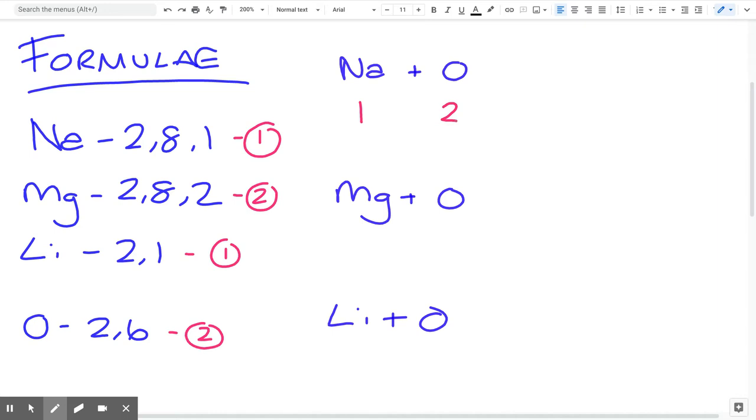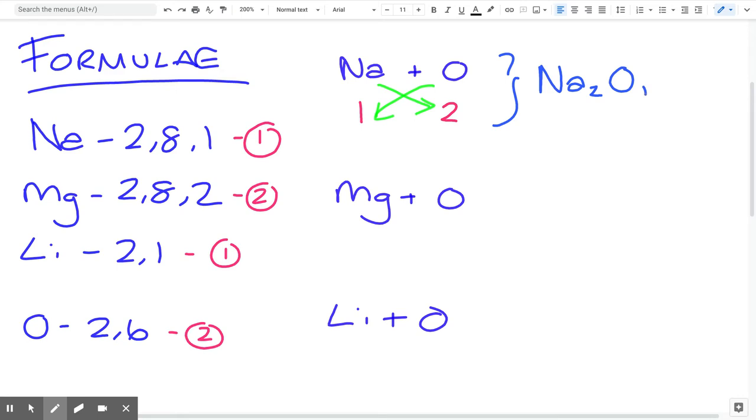Once we have the valency of these two elements within the resultant compound, we simply swap over these two numbers. Each element then picks up the number of the valency corresponding to the element that it has just combined with.